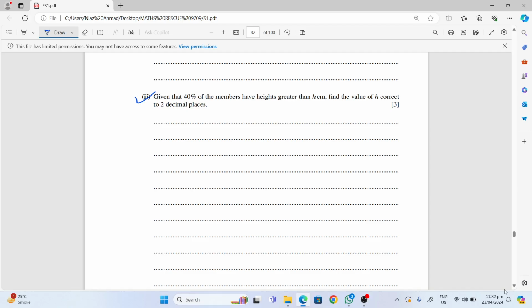In part 2, given that 40%, now the probability is given, so you want to get your probability of x greater than h, and it is 40%. 40% means 0.4. This is my normal distribution curve, and here this is 0.4. Now I want to get my probability greater than 1 minus phi z.